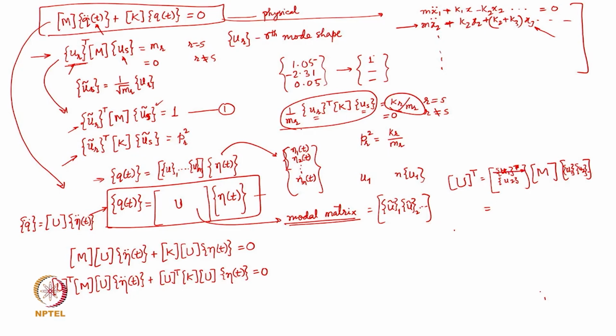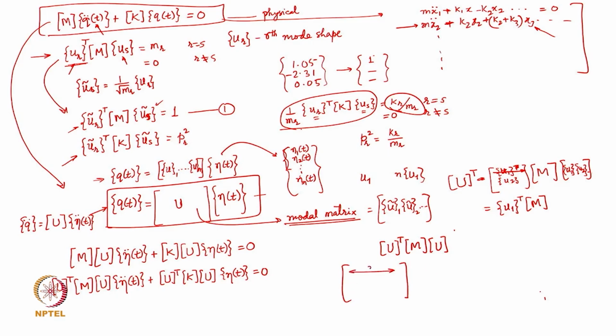So, if I consider the first modal vector multiplied by the mass matrix and this, it actually turns out to be this U1 transpose mass matrix, the first element of this entire product. So, in this product U transpose M into U, all these columns are going to be like rows now.